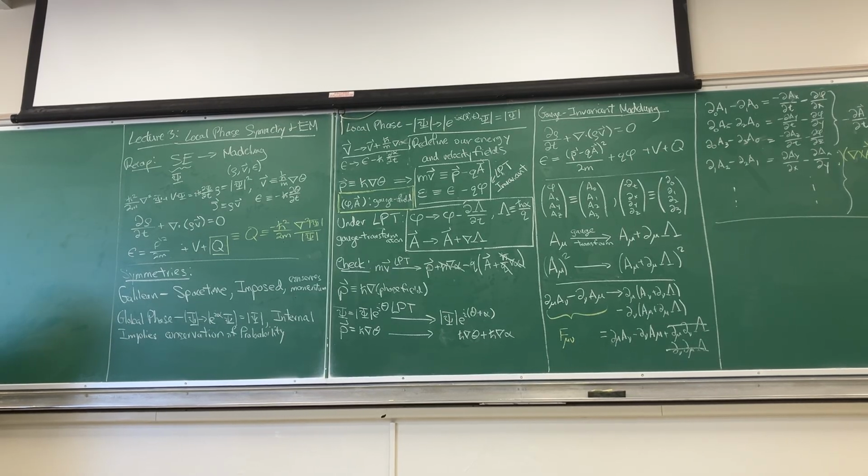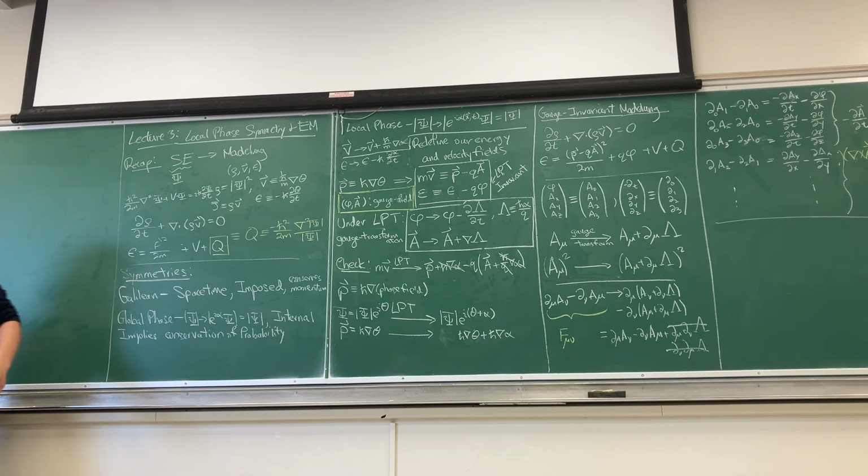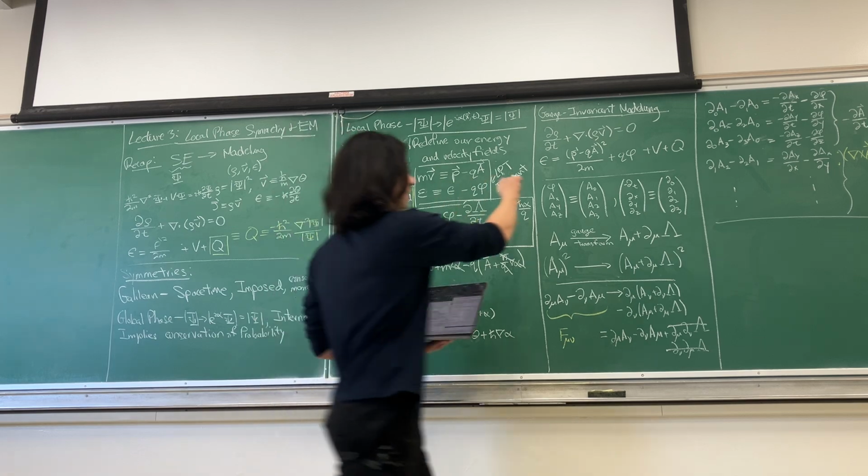This is completely spinless. Spin is just a complication. This is for a spin zero particle or spin zero field. But even a spin zero field that has charge will couple to an electromagnetic field via the Lorentz force law. So we're going to derive the Lorentz force law, which comes immediately from this.